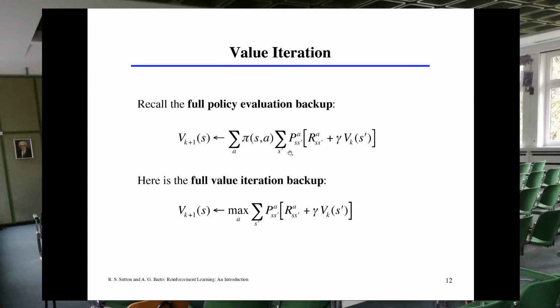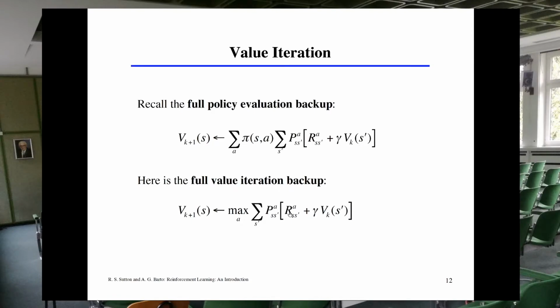Okay. Here in value iteration, we won't use this sum for every possible action. We will go directly and update the value for the next iteration, considering the action that maximizes this expression.